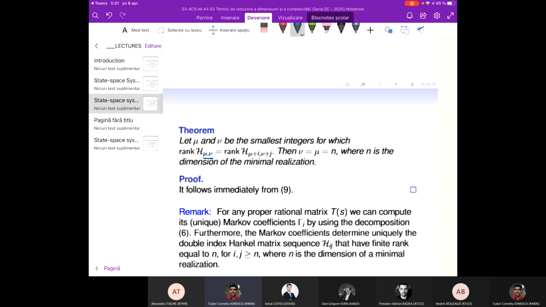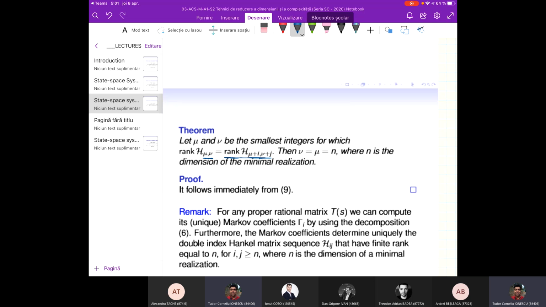Okay, mu and ni. And if you check that this relation holds, then indeed you discover, or you unravel, the minimal dimension of the system. Is this clear to you? How we determine the minimal dimension of a system?